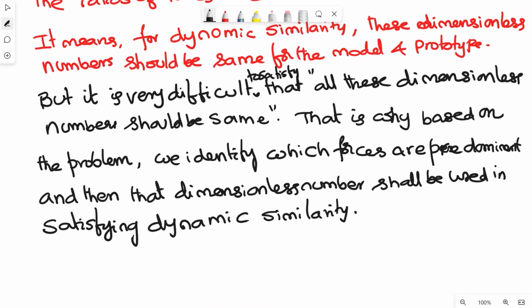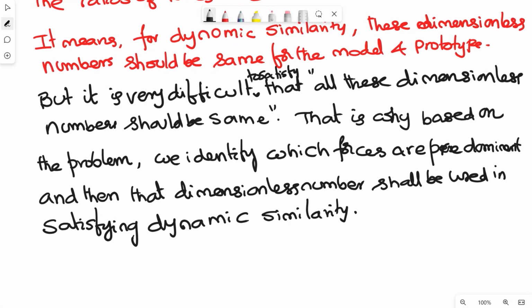Similarly, if the gravity force is important, the Froude number will come into picture. Suppose in another problem pressure forces are important, then the Euler number will come into picture. If surface tension force is significant, then the Weber number will come into picture. All the other numbers will not be considered.